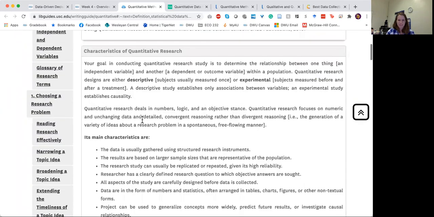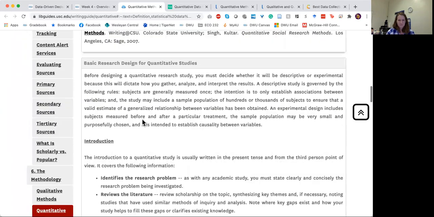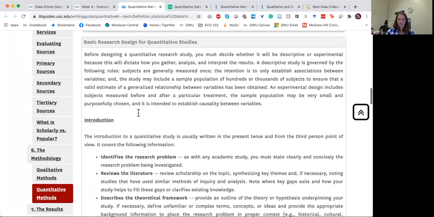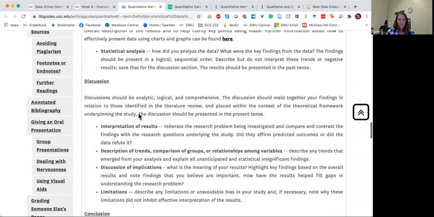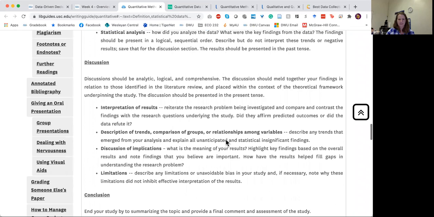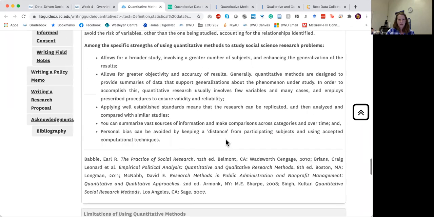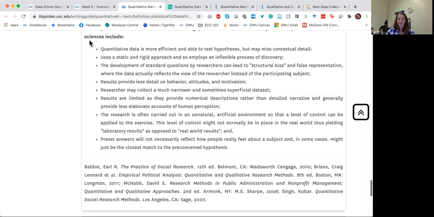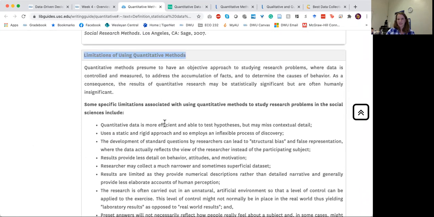It goes through the characteristics, and how the basic design looks for a quantitative study. And the methodology, how you go about collecting your data, make sure you look at that. And looking at what are the strengths, and then what are the limitations as well for quantitative data. So that's the first resource.